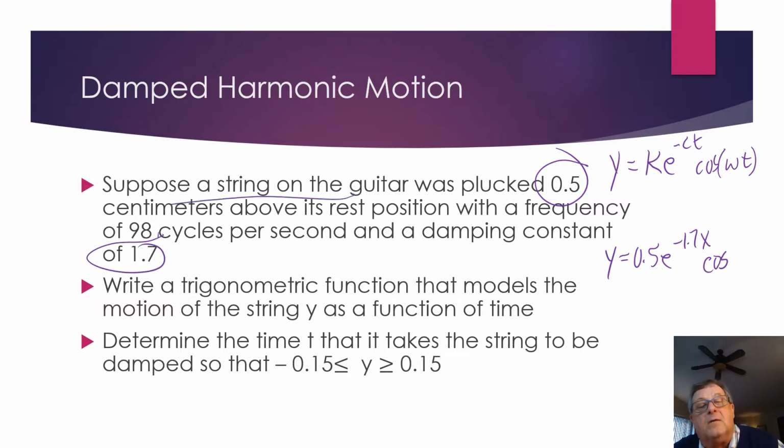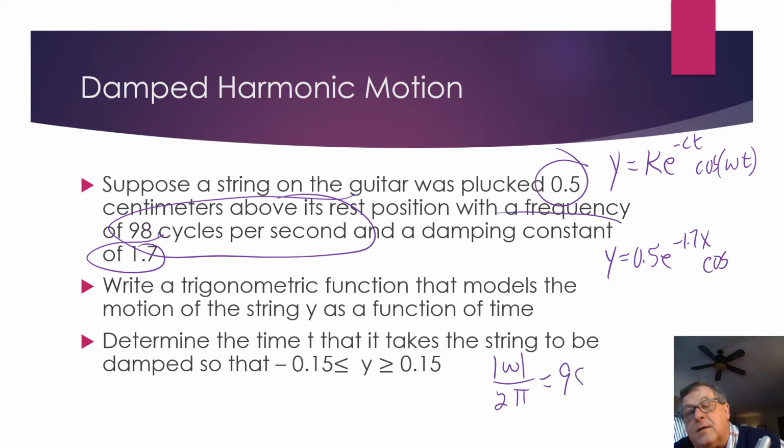Then we have cycles per second, but we need the period, so we're going to have to figure the period. The absolute value of the period over 2 pi equals the frequency, and in this case the frequency is 98 cycles per second.